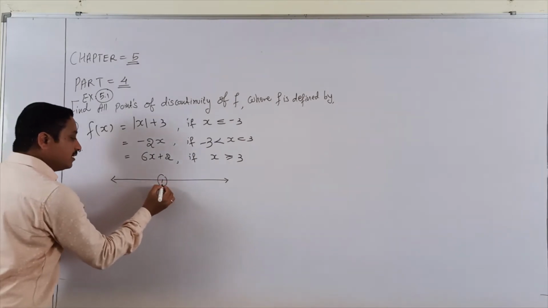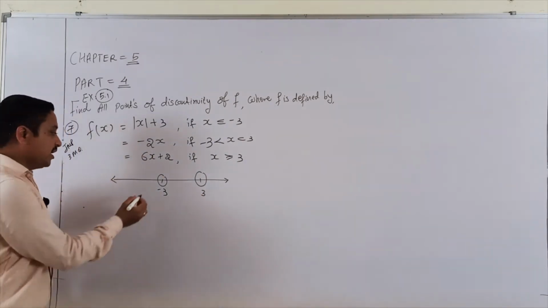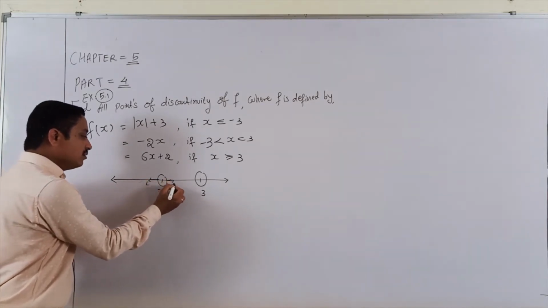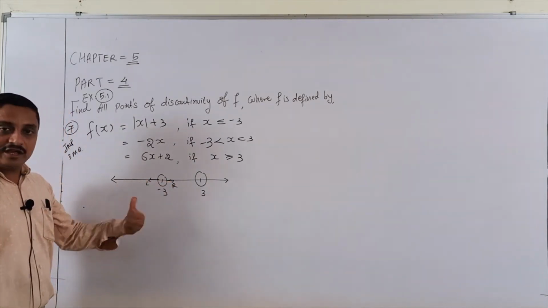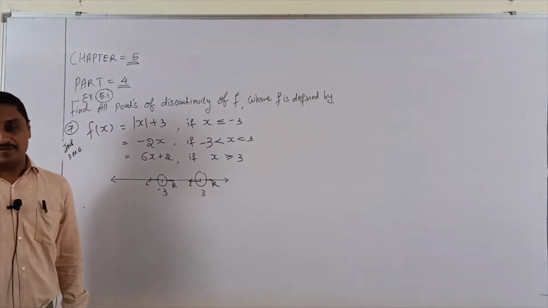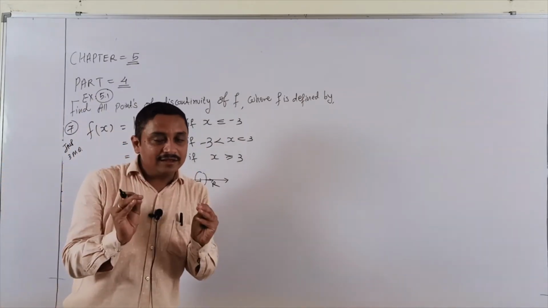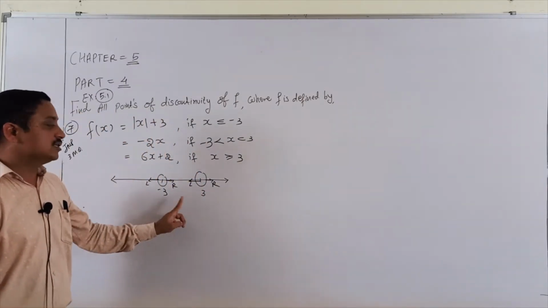So I highlight my two numbers, -3 and 3. You check the left hand side limit and right hand side limit at -3, and similarly at 3. Students, drawing is not necessary; I draw only for understanding.